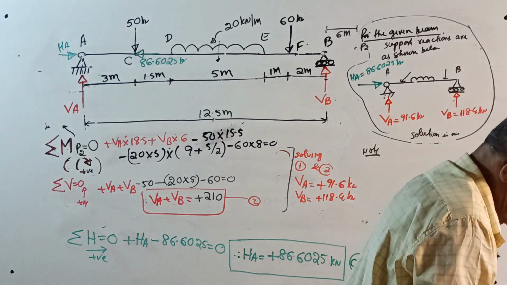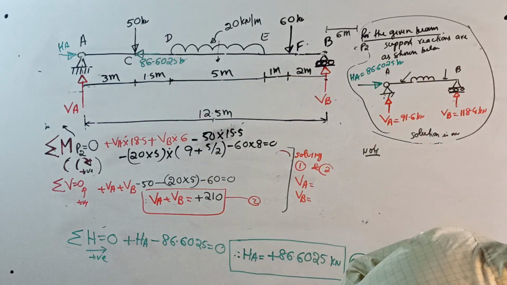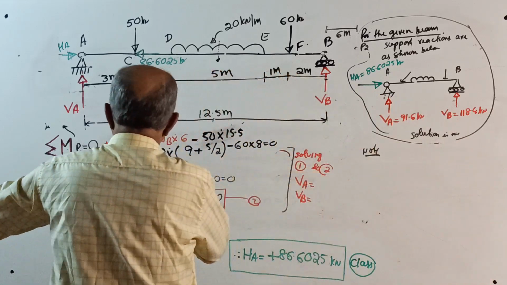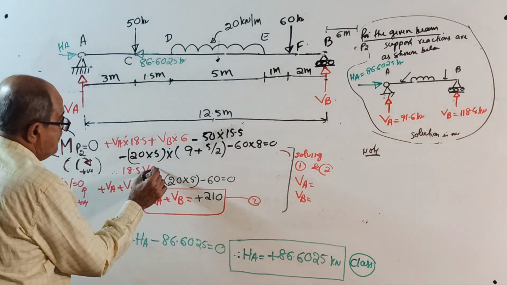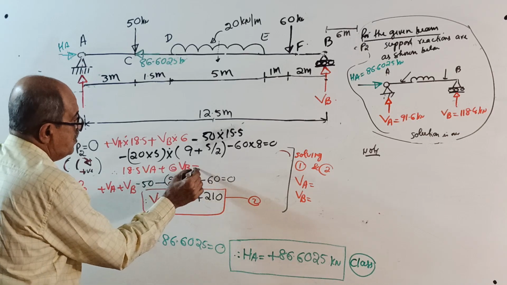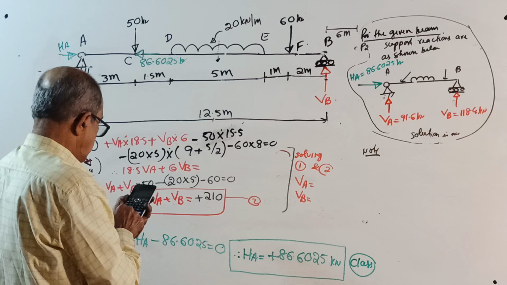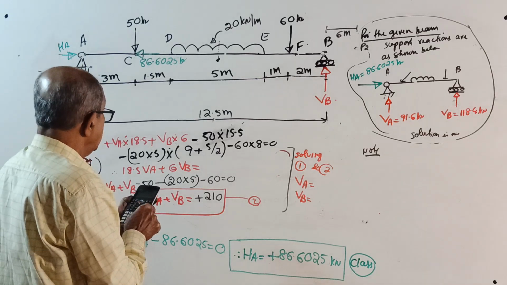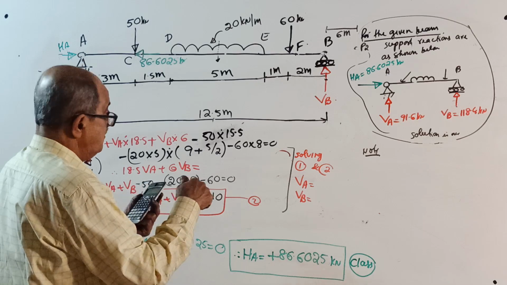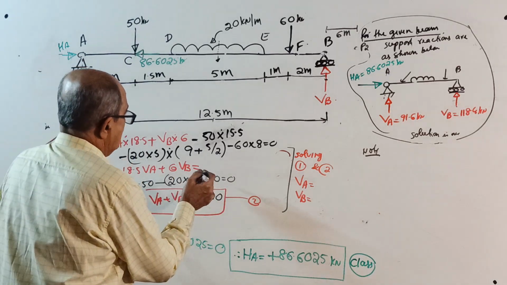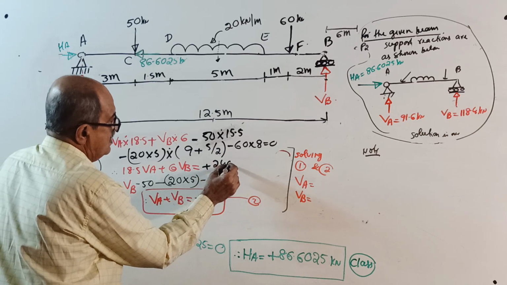I should remove the previous answer because I have to solve once again. The equation you will get is, therefore you will get 18.5 VA plus 6 VB equal to 50 into 15.5, 20 into 5 into bracket 9 plus 2.5 plus 60 into 8, all minus become that side positive, plus 2405.